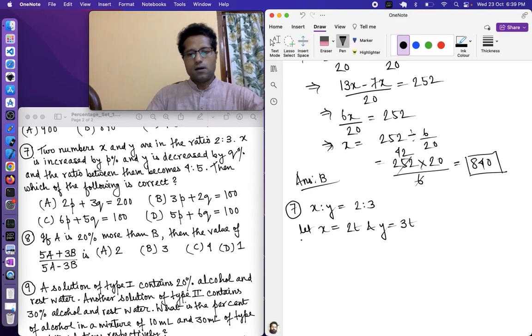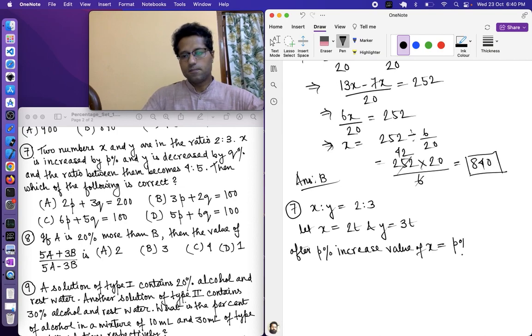Now, x is increased by p%. So after p% increase, value of x will be equal to p% more than x we have assumed to be 2t. p% more than 2t means 100 plus p% of 2t.